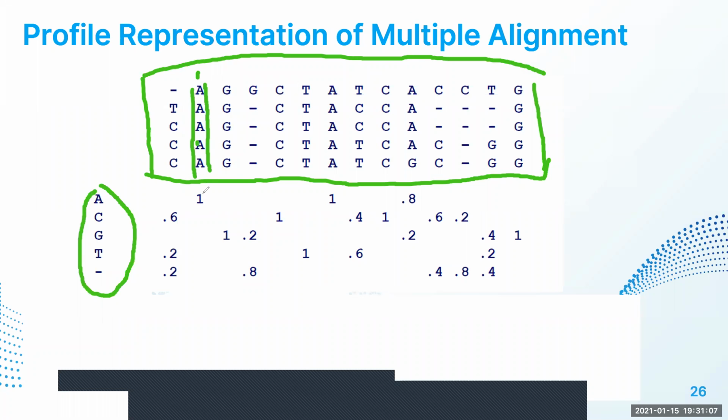If you check on that one, suppose you take A. What is the probability of A occurring at this column? If you check all these rows, you can't find an A. That means the probability of A occurring at this column is 0.